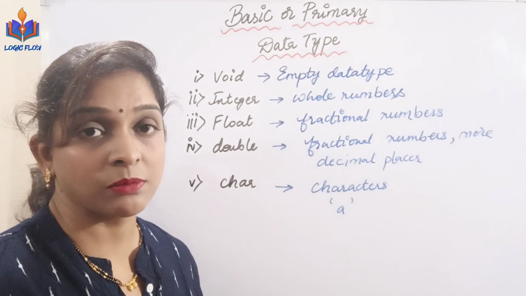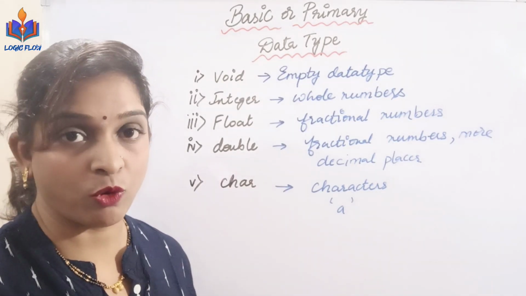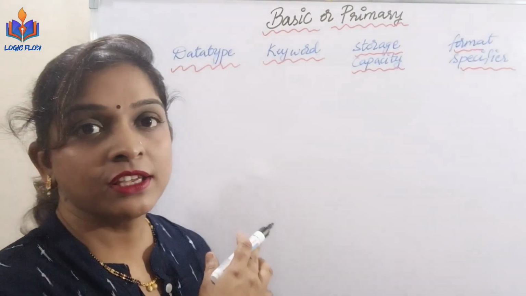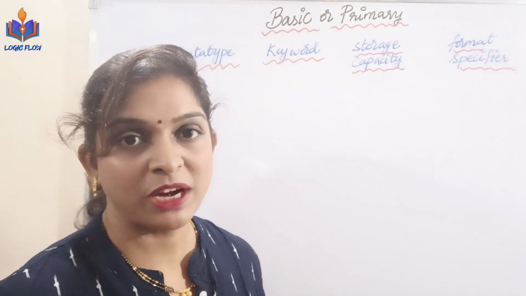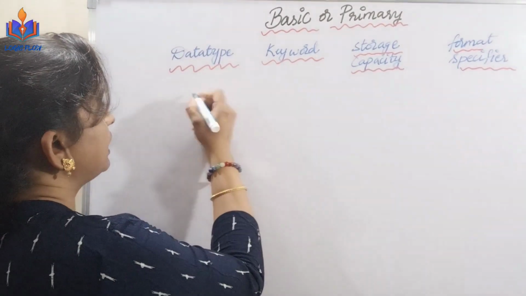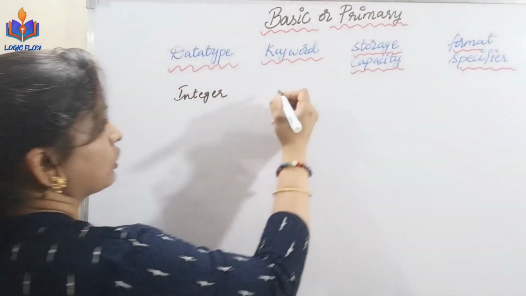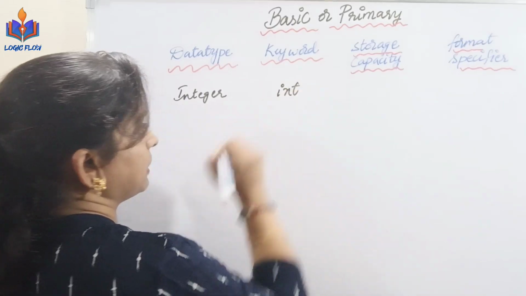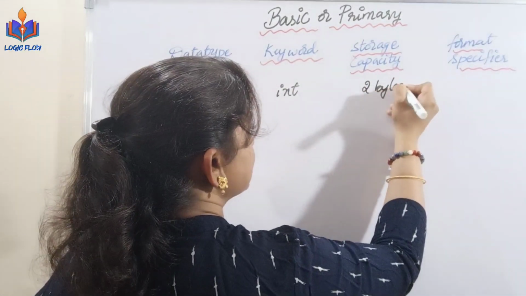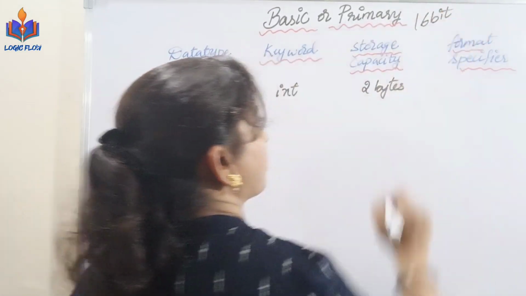So these are the fundamental data types. Let's talk about the storage capacity, keyword, and format specifier of all these fundamental data types. The first one is the integer data type, and the keyword used for that is int. The storage capacity is 2 bytes, and I am talking with respect to a 16-bit processor.